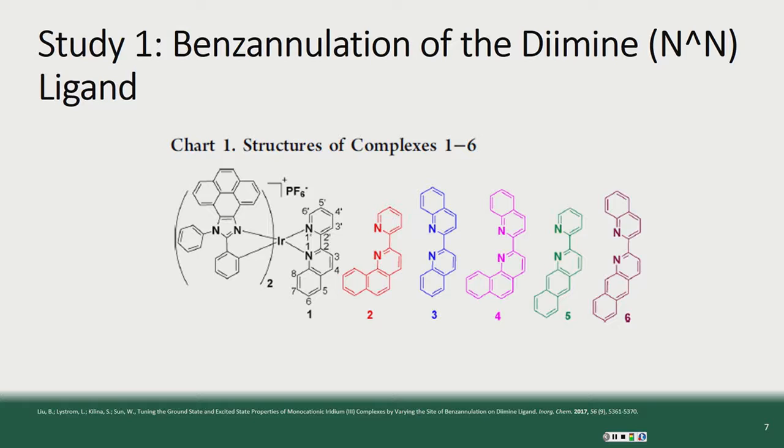we do benzoannulation. The first is on the diamine, typically the NN ligand. So we focus on modifying this where the CN is kept the same, and we want to see what happens with the benzoannulation.